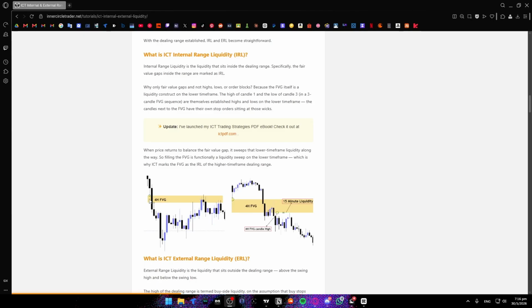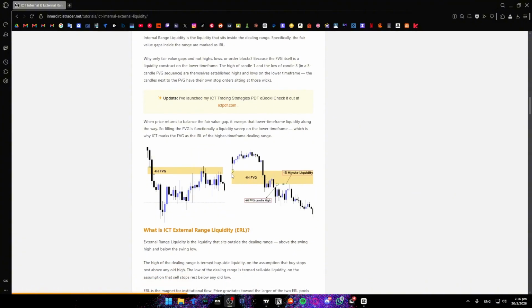Price goes to it, and since this is a bearish fair value gap, I expect price to go to it and then be repelled by all the sellers, because remember, this huge candle is called supply, sellers, and so over here there will be sellers in control as well, so it will push price back down if it's a bearish fair value gap, which aligned like this. And same over here, 4-hour can align with lower time frame. This is a 15-minute time frame, this is a 4-hour time frame, you know, and so it can align and work together, and you can see clearly.